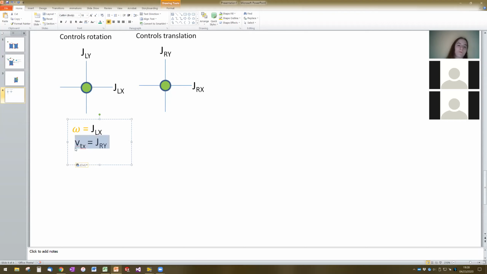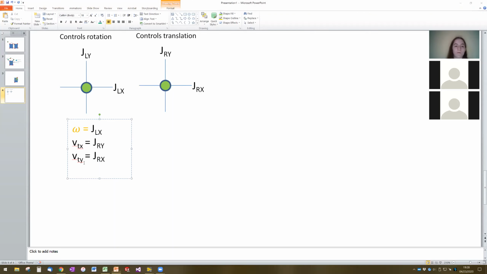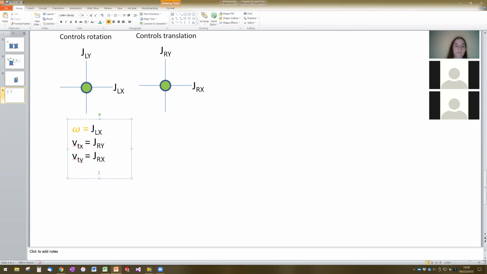And then similarly, the y component of the translation vector is equal to the right joystick's x direction. Now, there are also some negatives in there that we had to be careful about because the positive and negatives don't line up for some of these cases. And I don't remember which way is which, so I won't try and correct for that here. Does that make sense? Or are there any questions about that?